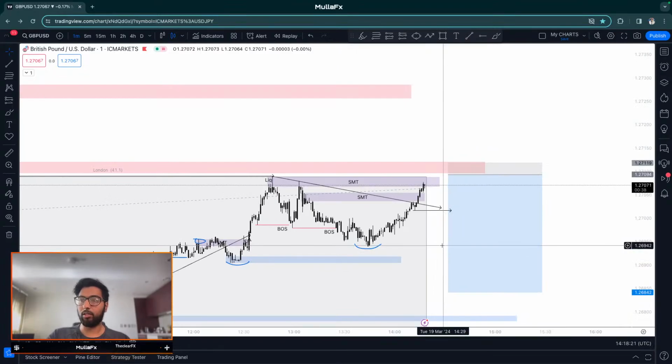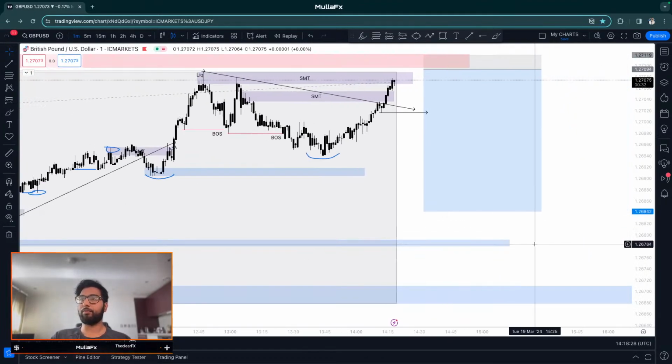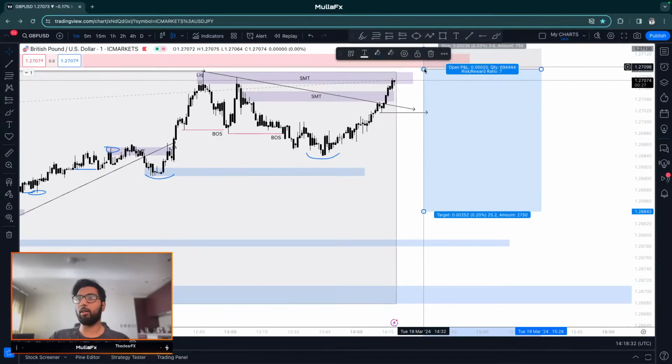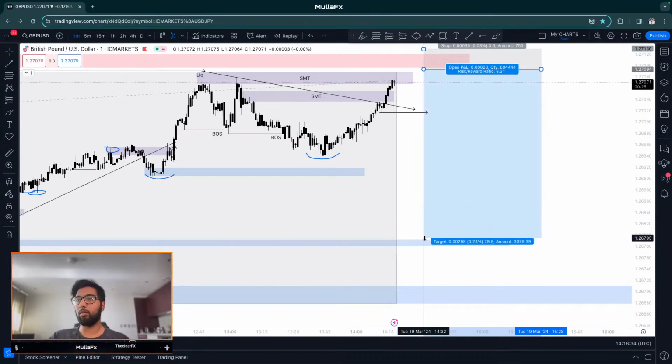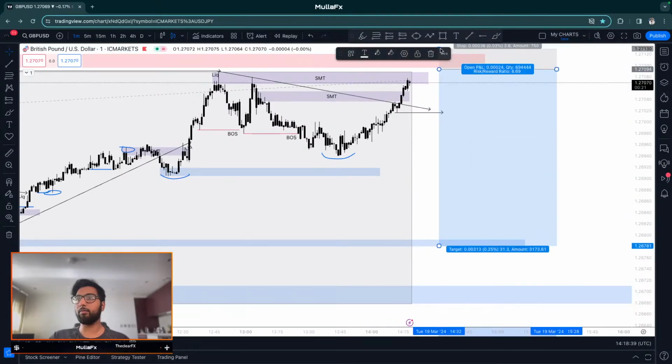This also gets invalidated. Okay, cool. My stop loss might be higher than that, just a few pips there. I don't want it too high, just a few pips.